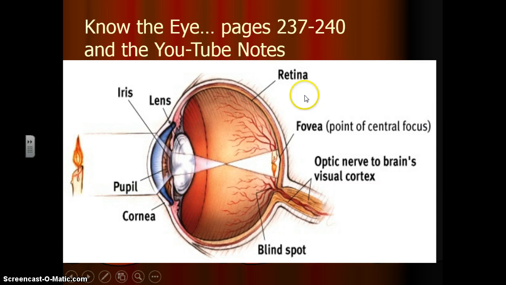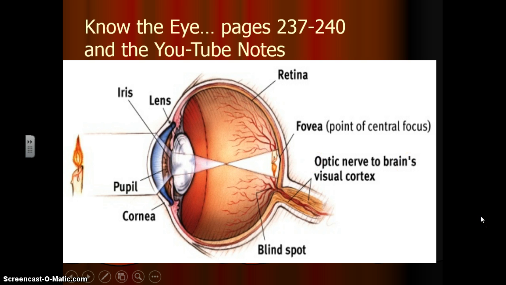So, for example, around the edge, the peripheral area of the retina, here and then down here, you're going to have a ton of rods. Not very many cones at all. Most of the cones are located right in this region, right around the fovea, which is the point of central focus.